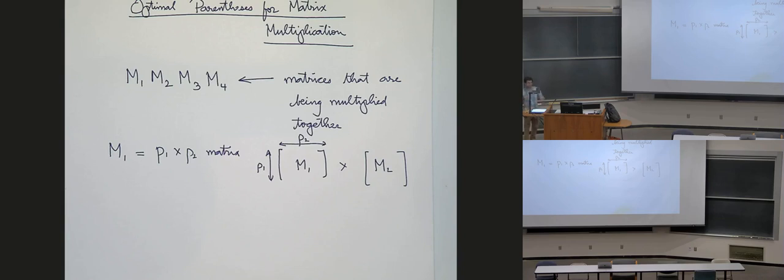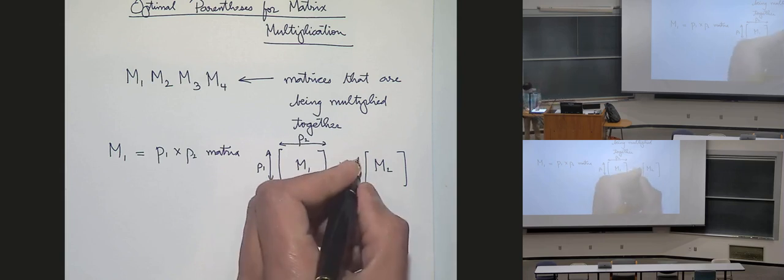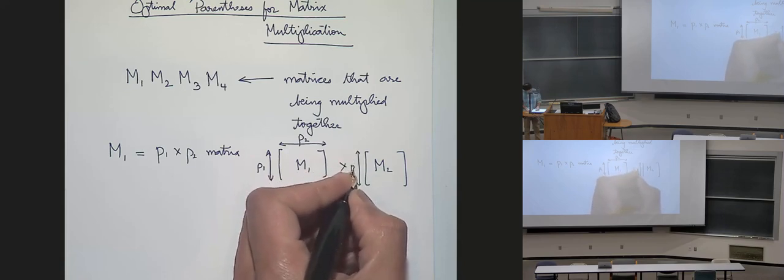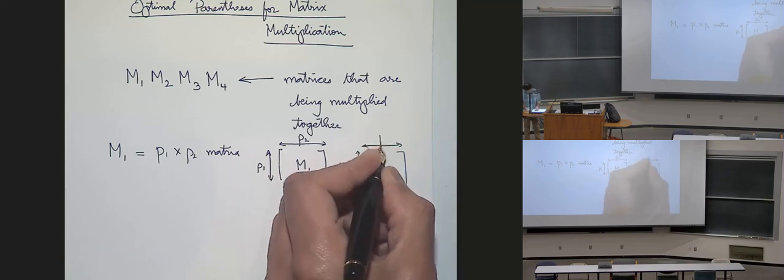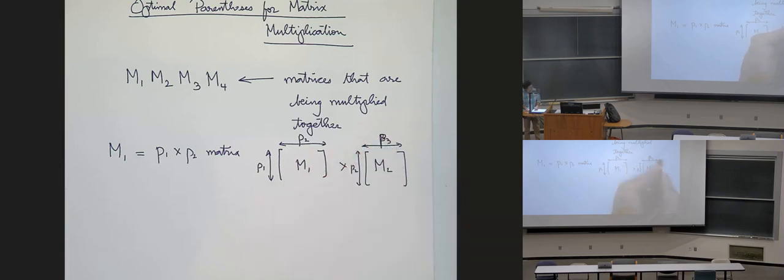Like if you have to be able to multiply them, yeah? It should have P2 rows, but it can have as many columns. Like number of columns is not decided. So this is going to be P2, and that's going to be P3, so on and so forth, right?